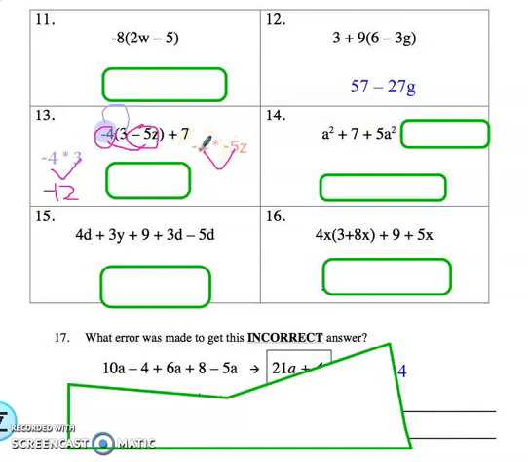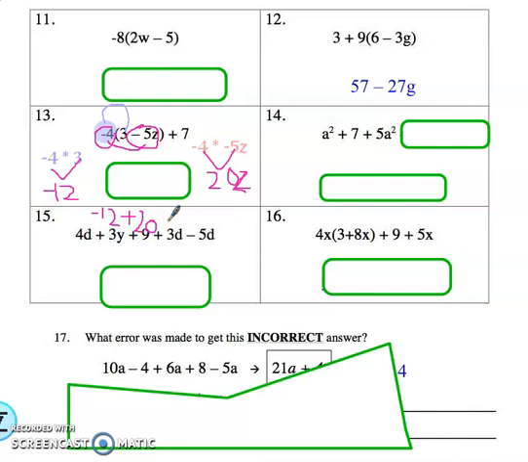So again, negative 4 with that symbol, and negative 5 gives me a positive 20 this time. So when I put those together, it's negative 12, and positive means plus 20.